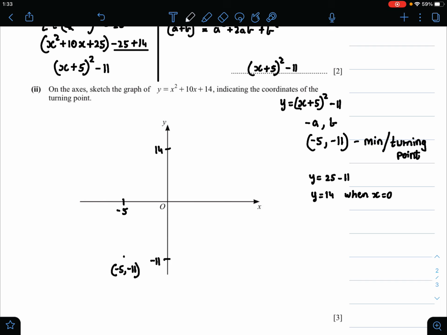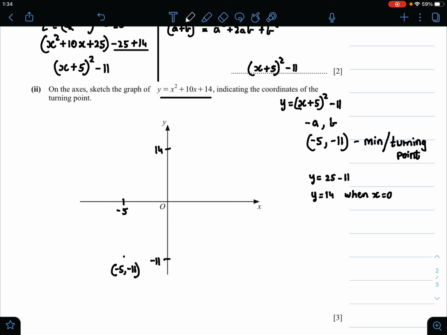Or you can simply go to the quadratic function in your calculator and input the values of the original equation. So the x squared coefficient is 1, the x coefficient is 10, and the c value is 14. So you will get your two x values as negative 5 plus root 11 and negative 5 minus root 11.